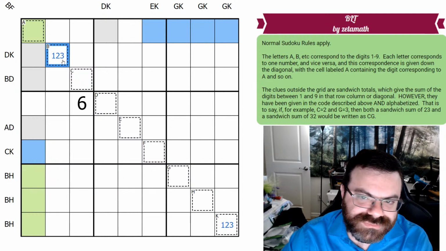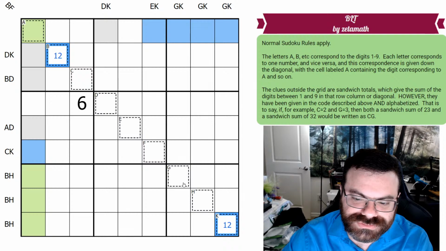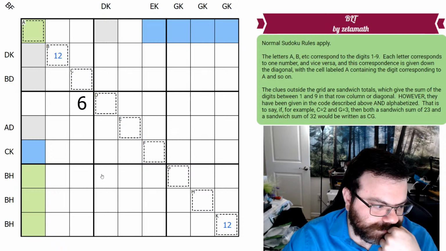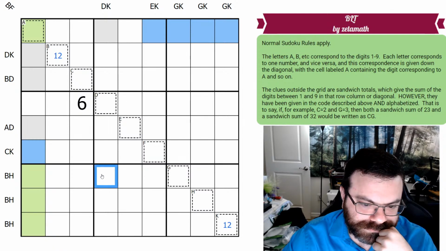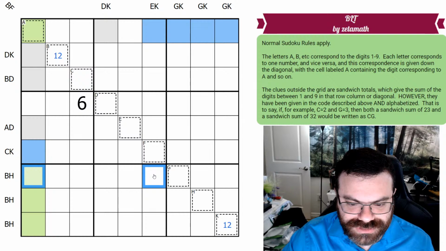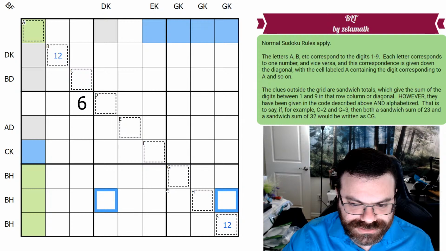Right. So B and K are not 3. The one we're missing is 3. Because 27's our largest. This is the largest we can go for one of these rows, and then the other row is going to do that.